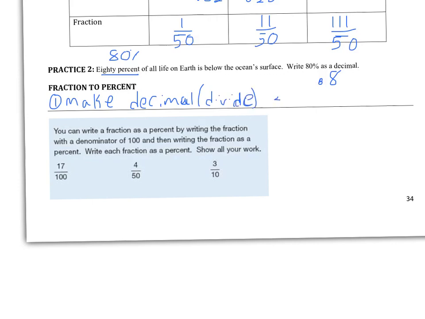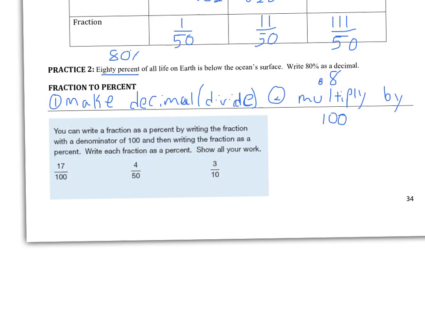And then the second thing, remember to go from a percent to a decimal, we divided by 100. Well, now to go the backwards way, to reverse that, to go from a decimal to a percent, we're going to multiply by 100.